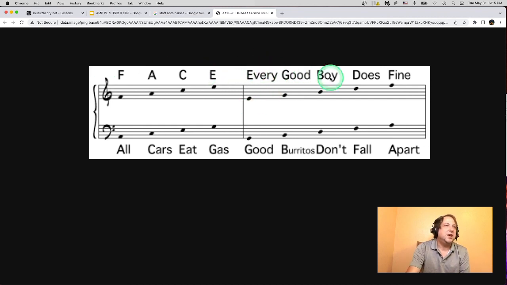Now people always have these cute little things for E, G, B, D, F for the 5 lines, down from the lowest line to the top line. In the treble clef, they say every good boy knows fine, empty garbage before dad flips. You get the idea. And then there's A, C, E, G. All cars eat gas. Okay. And then there's one, I guess, good burritos don't fall apart. G, B, D, F, A.